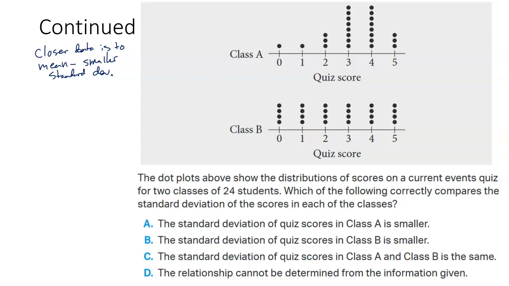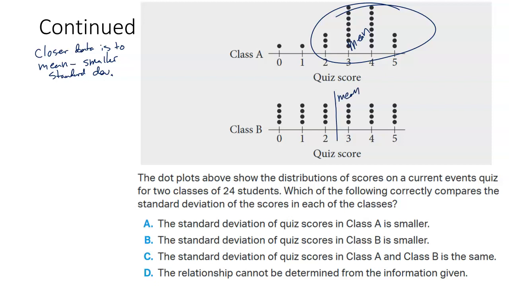So if we look quickly at Class A, we see that most of our data is somewhere in here. So our mean is probably located about 3 point something. And then in our Class B, we've got a pretty even spread, so our mean is going to be right here in the middle.